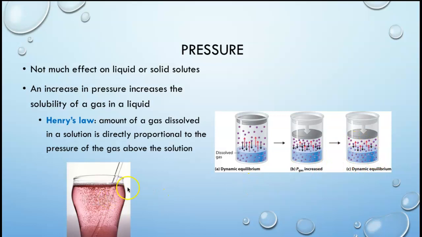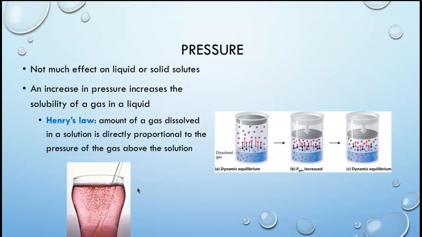Now, a common example of that would be a soft drink, which is why I chose this picture on the left-hand side. Soft drinks are bottled under pressure, meaning that the pressure in the can or in the bottle is much greater than atmospheric pressure. When you open that soft drink, that releases the pressure.